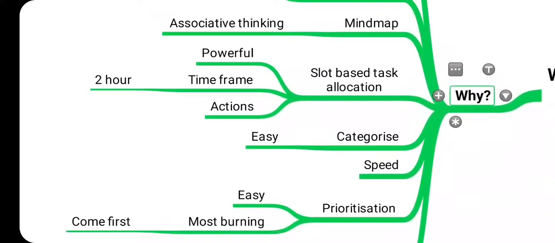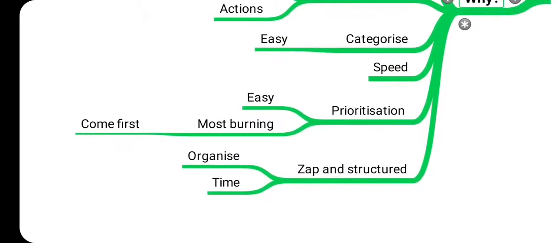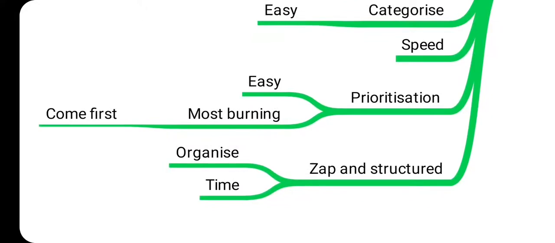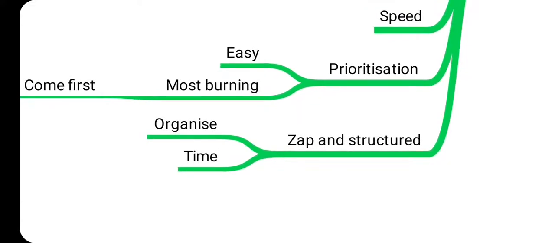As we talked about, the categorization is very easy, and the speed at which this can be done is very quick. It's very important that you are able to prioritize in a very quick manner, and the most burning thing comes out first. That is why doing the planning every day is very important, because I've seen many people planning for the whole week and the whole month.